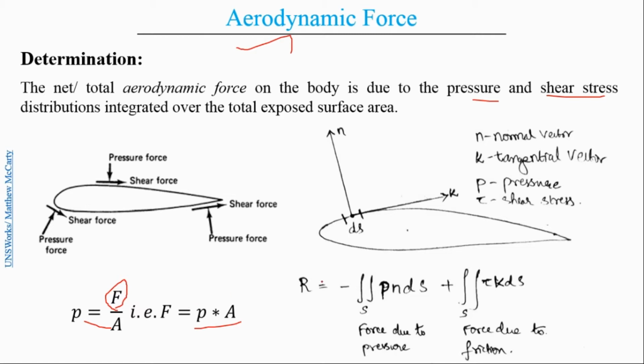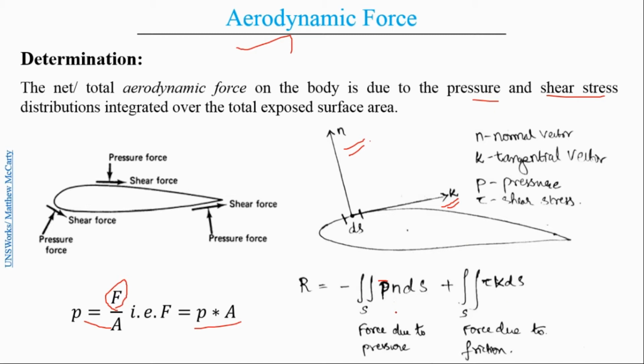Now, when I consider the case of an airfoil, let me take a small area ds. There are two forces acting: the normal force and the tangential force, which is parallel to it. When I take the case of summation, as I said, force is a product of pressure times area. From this formula, we can write it as pressure times, now we are adding the pressure force and the shear force.